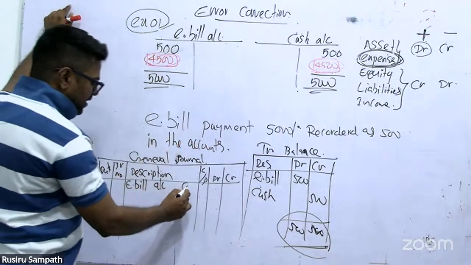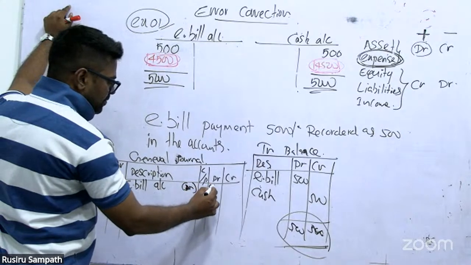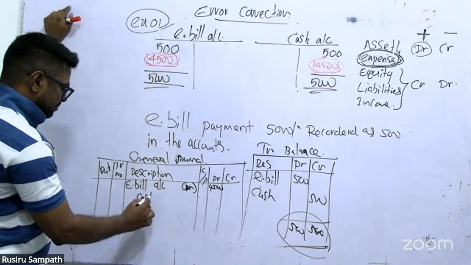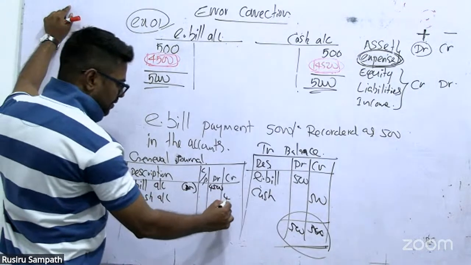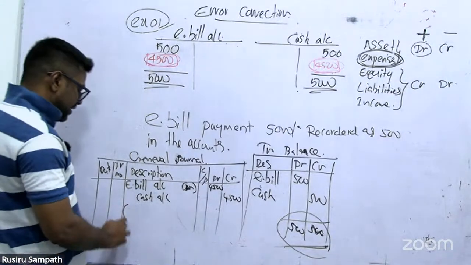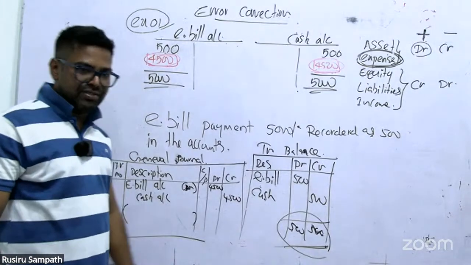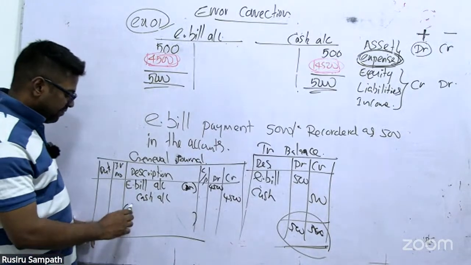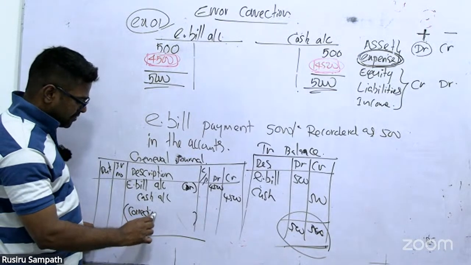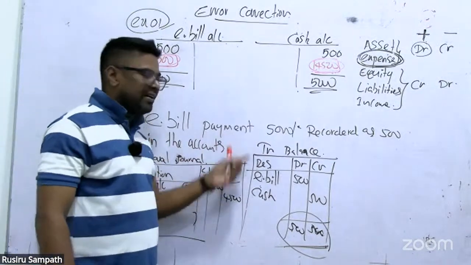E-bills account debit 4,500 and cash account credit 4,500. And also you write the narrations. What are the narrations? Narrations are short descriptions of corrections for this error.